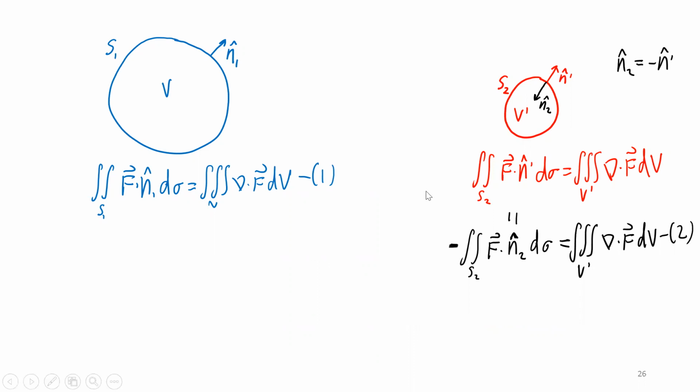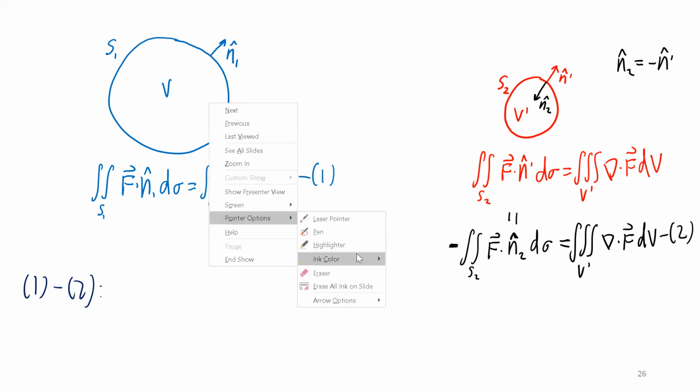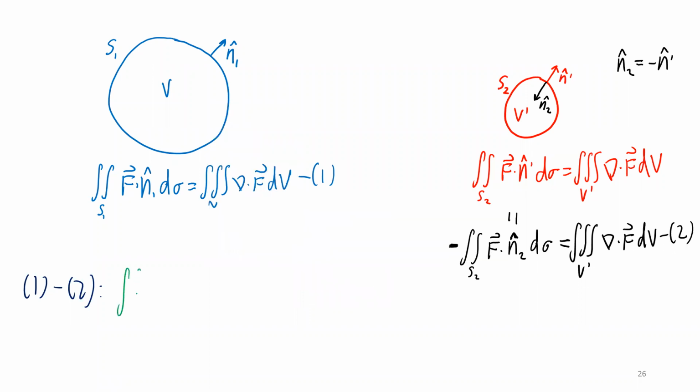So now, if I do equation 1 minus equation 2, then the left-hand side is this. So minus the negative of this term, two minus signs, so then I actually have positive.